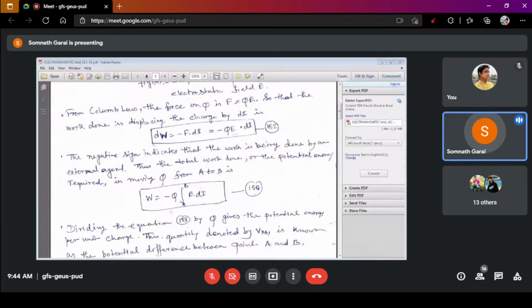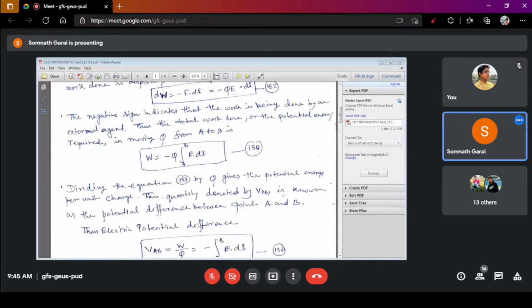This equation number 153 represents the work done on the point charge q when it is moved from position A to position B.